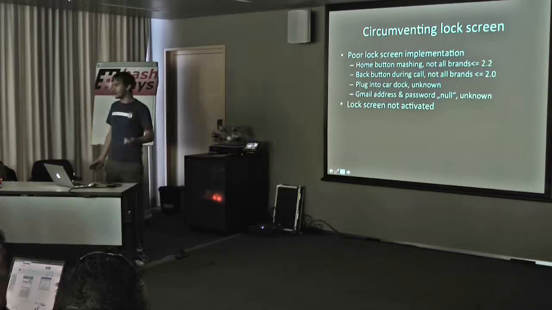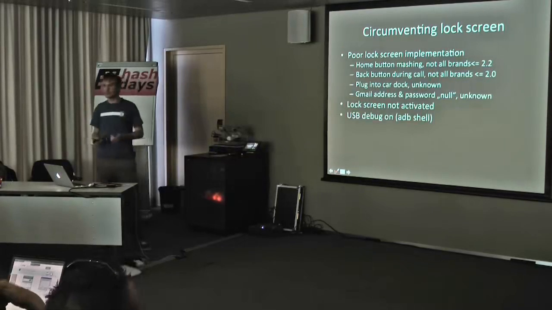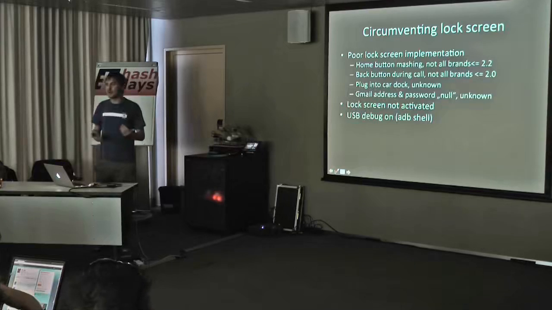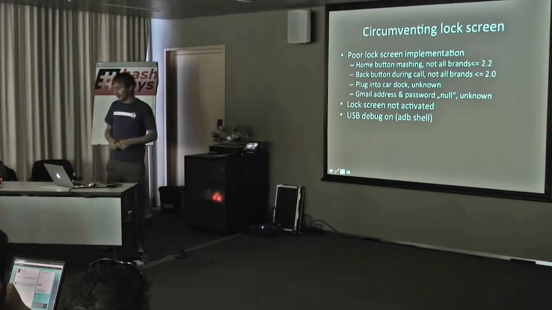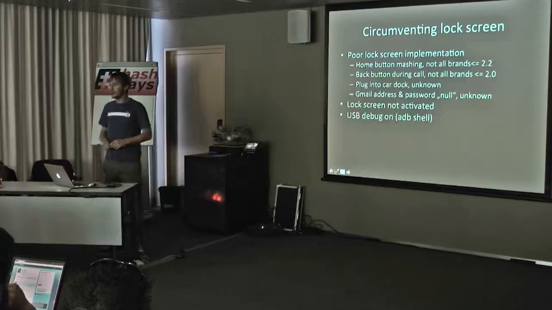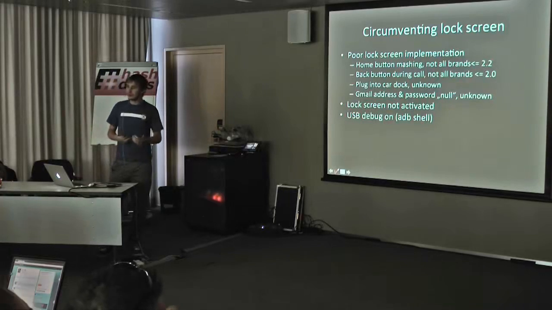Well, and of course, a lot of people just don't have a lock screen activated. So if you find a phone, most of them you can just access without any security measures at all. And another thing is, a lot of people have USB debugging on, so the debug feature is enabled, and you can just connect via ADB shell.